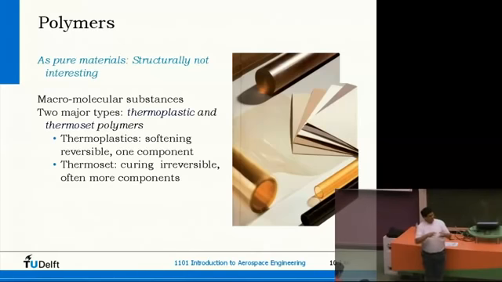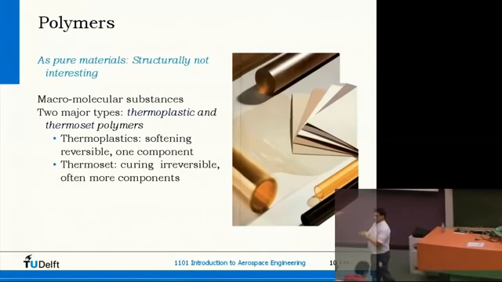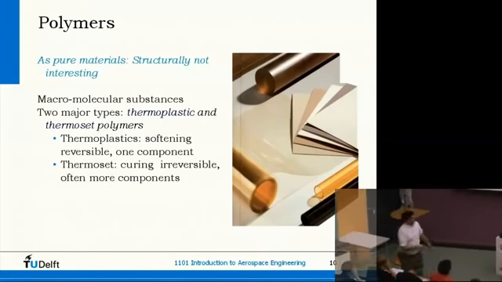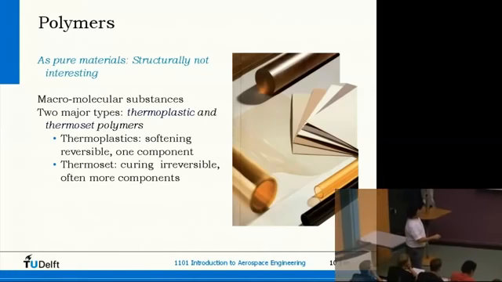It becomes more fluid. So you can reshape it, and you can redo that frequently. So thermoplastics can be softened. It's reversible, and it's made of one component. And thermosets, you have curing, irreversible, and so on.